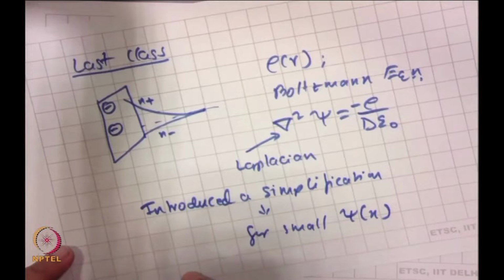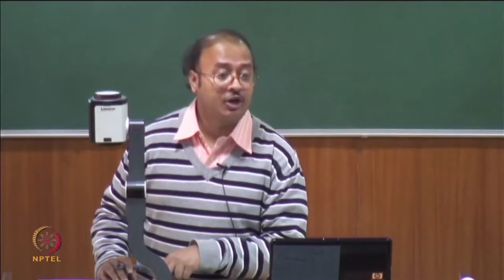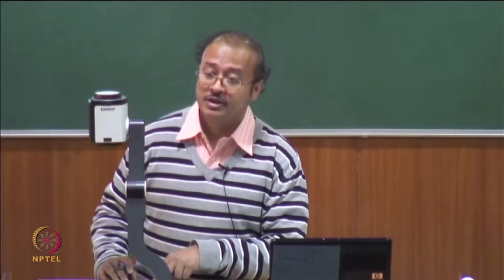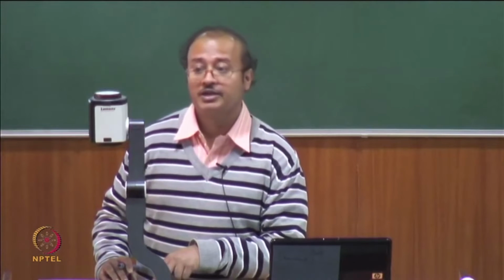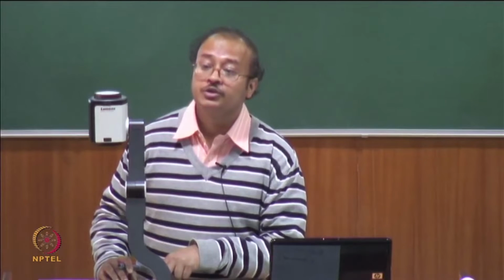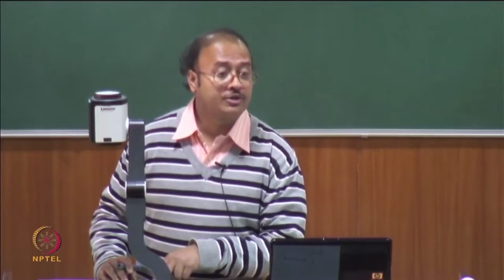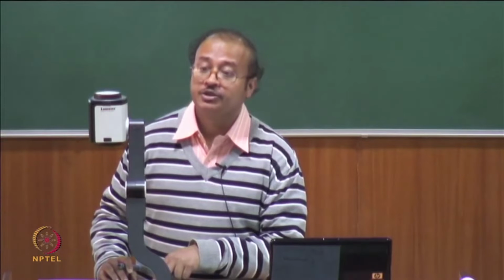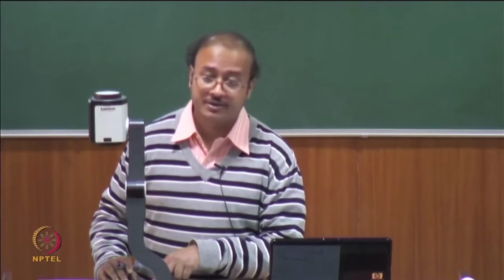z times E times psi of x over k t is much less than 1, because k t is much greater than the numerator, and hence you can use the approximation of the expansion of e to the power x and e to the power minus x.